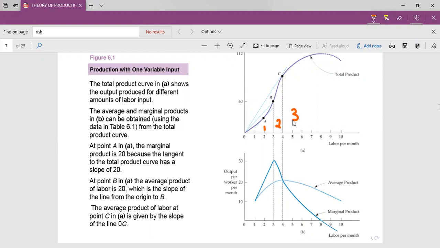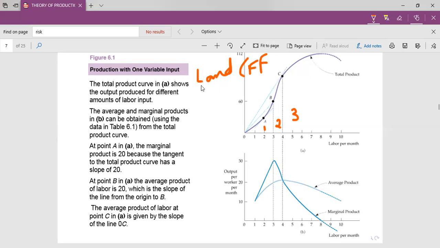So here we are assuming that, for example, land is our fixed factor, is not changing, and fertilizer is our variable factor, if we are looking at it from the perspective of agriculture.